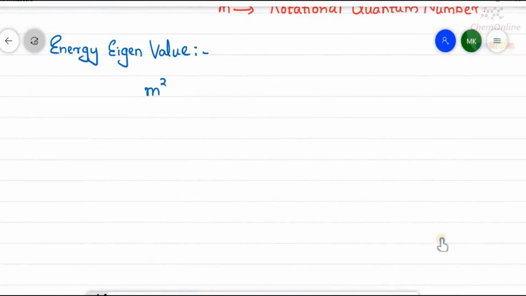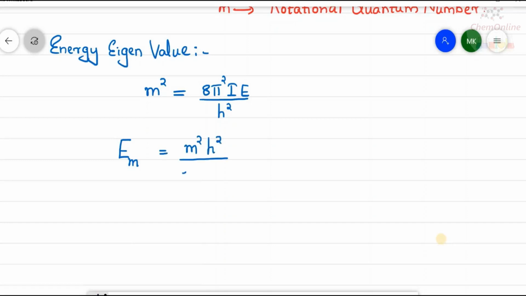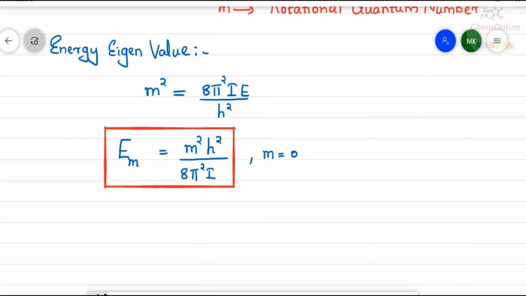If m square equals 8 pi square IE by h square, then we get the rotational energy Em represented as Em equals m square h square by 8 pi square I, where m equals 0, plus or minus 1, plus or minus 2, etc. So we have got the energy eigenvalue of a rigid rotator rotating in 2 dimensions, or rotating in only one plane.